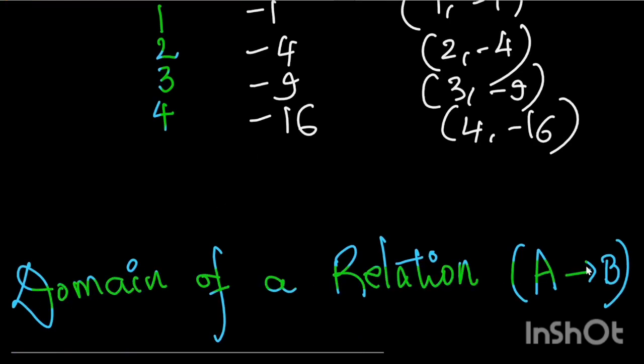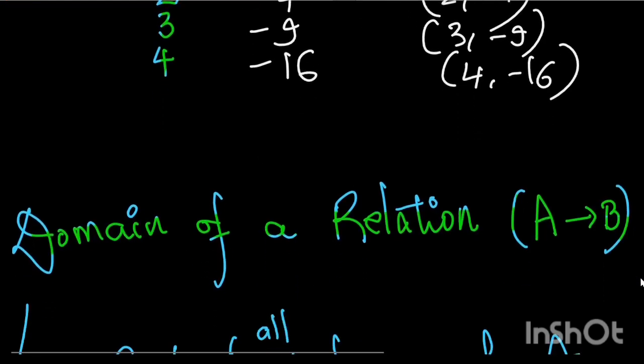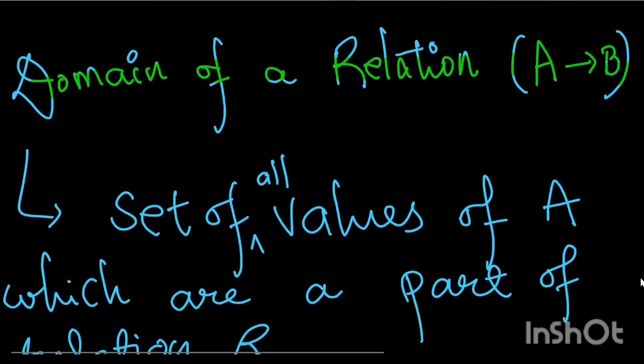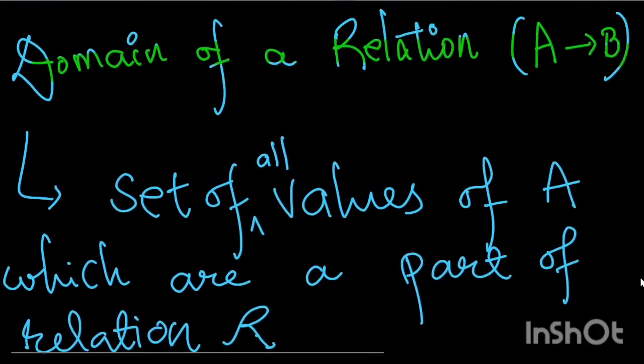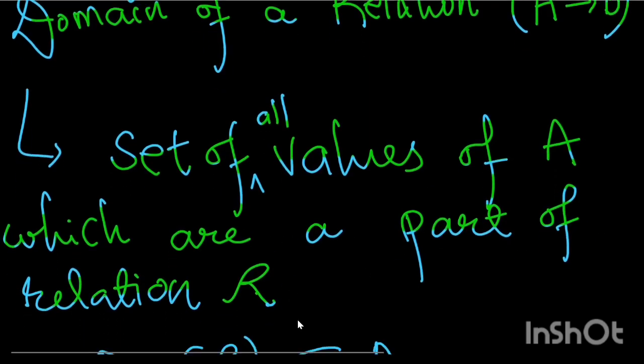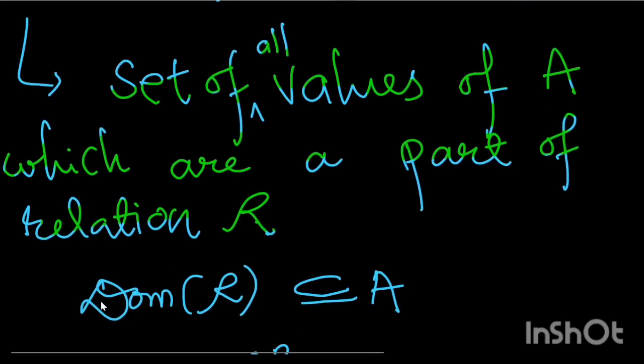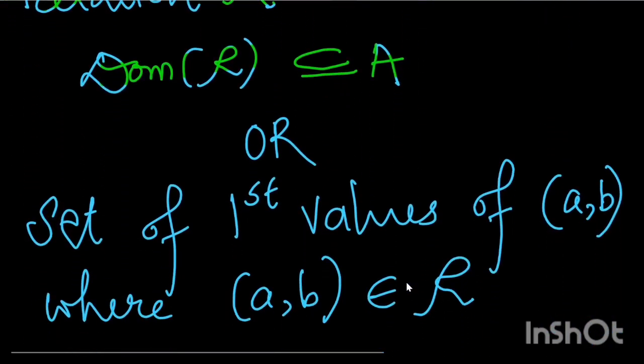Now let's define another term related to this, which is the domain of a relation defined from A to B. Domain is basically the set of all those values of A which are a part of the relation R. That means the domain of R is a subset of A. We can also define it as the set of first values of (A, B), where (A, B) is in the relation.